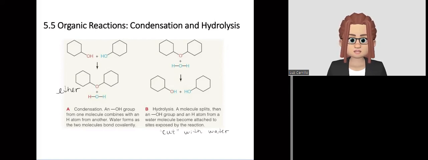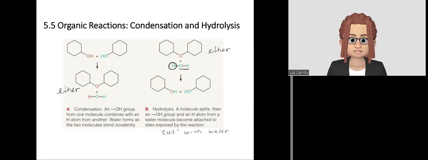So if we observe closely the molecules given, if here we have an ether and we try to cut it with water, we're going to see that one portion of the molecule got the OH in the water, the other portion of the molecule got the H in the water, and we can see the resulting alcohols present there.